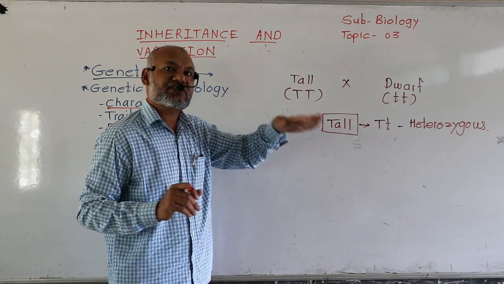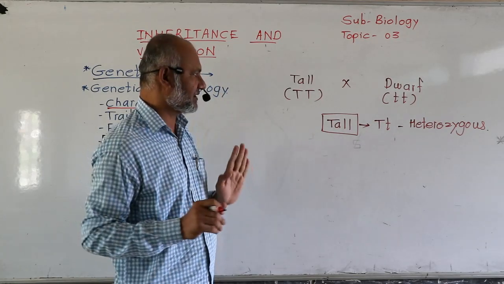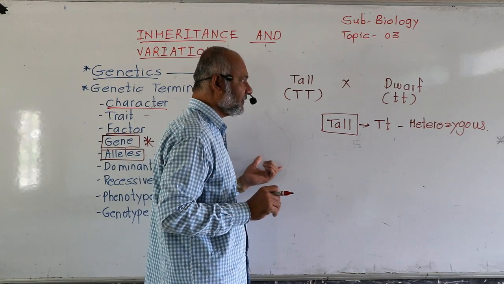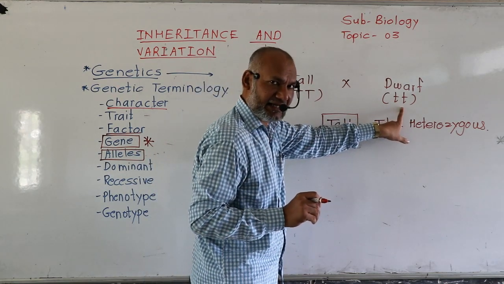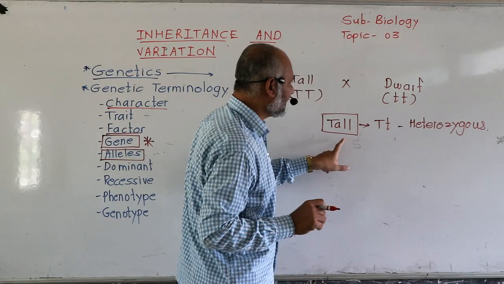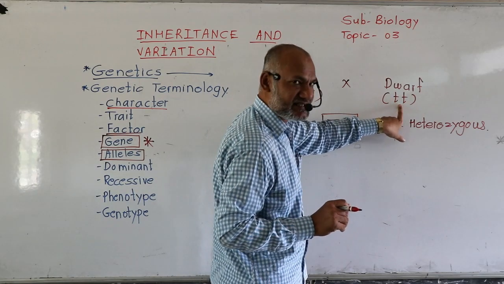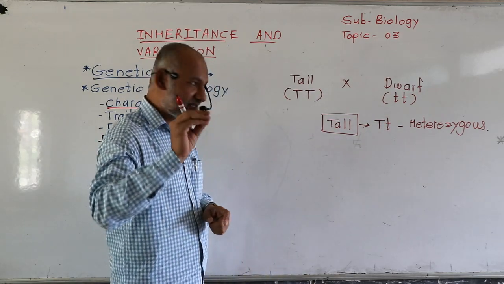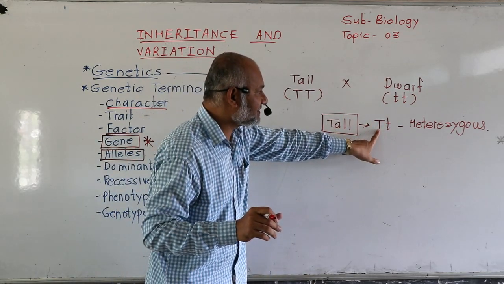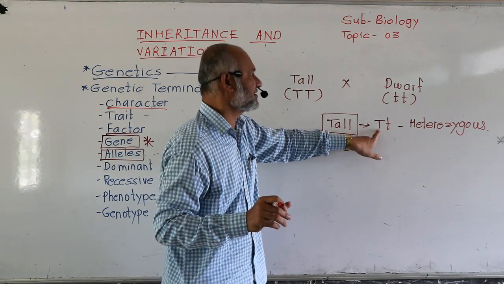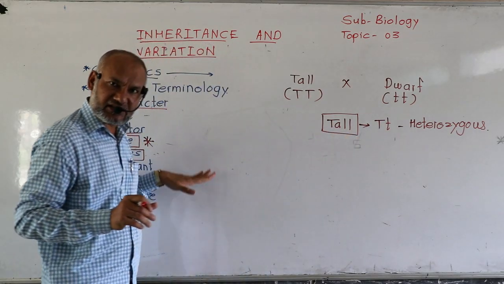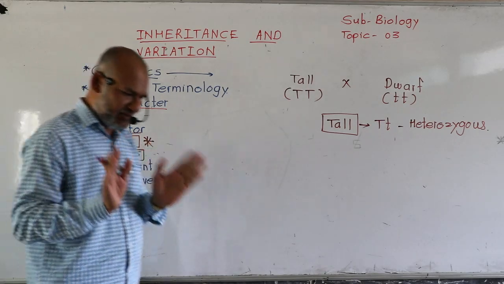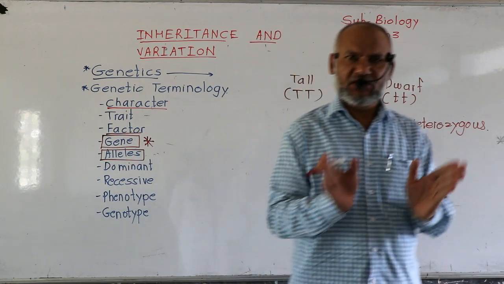Recessive is the character which gets suppressed in the F1 generation. Similarly, in another way, the allele or character which expresses only in homozygous condition, or the allele which does not express its trait in the presence of its alternative allele, is termed a recessive character or recessive allele.